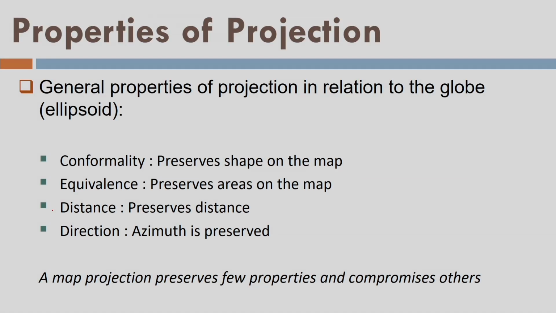So the general property of a projection system is conformality. That means I want to preserve the shape on the map. Okay, well, what is the shape on the map? Remember I told you what the distortions are. Out of those distortions, at least I would like to ensure that one property is secured.